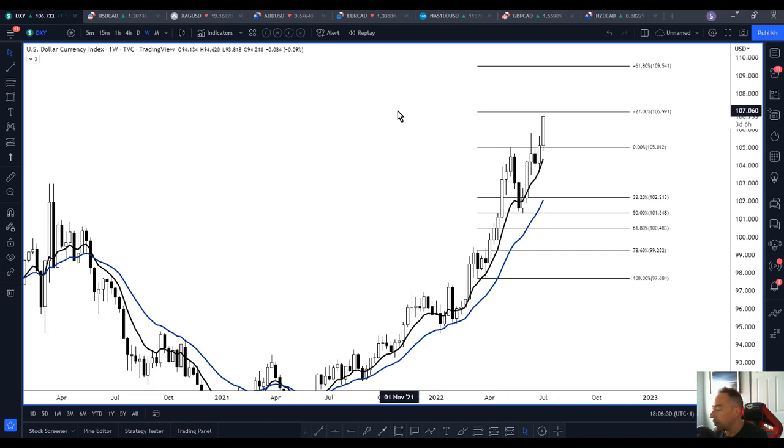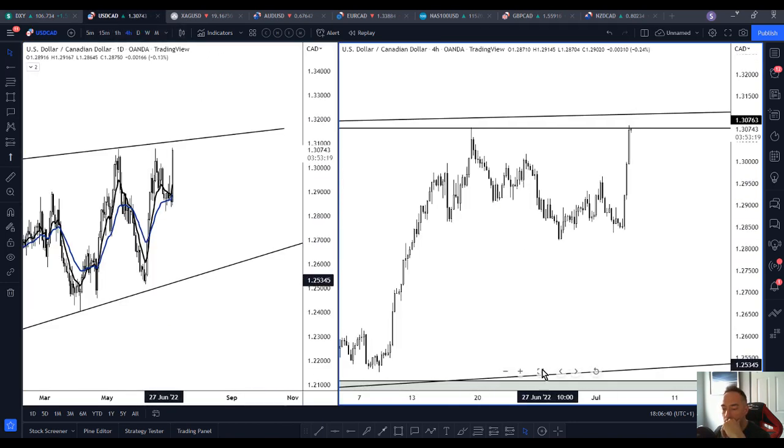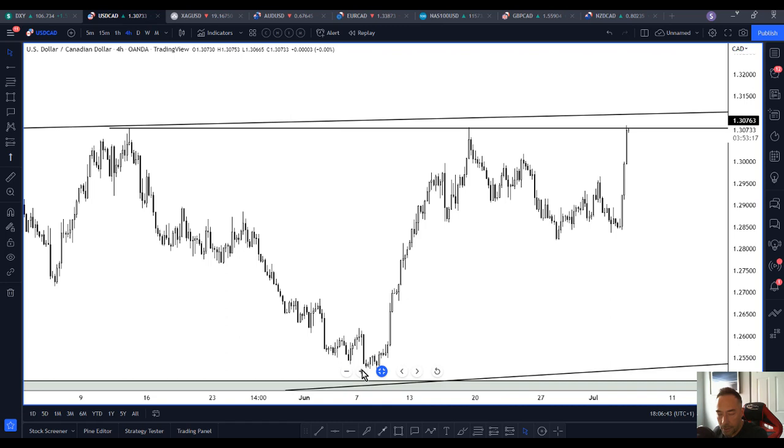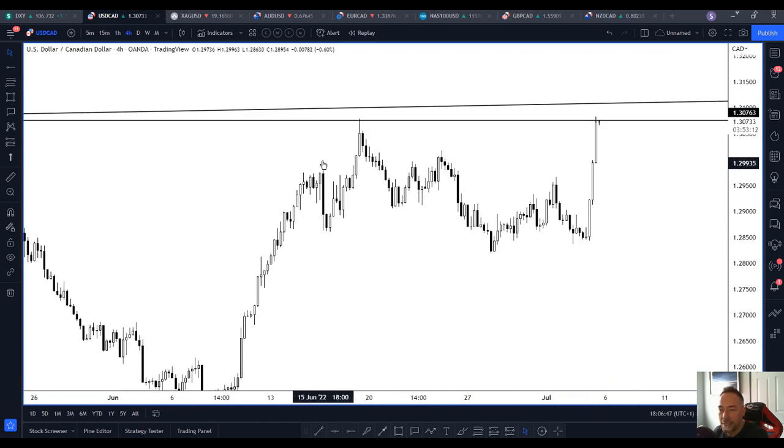Now, the market that we traded today, in fact we put a trade out on it yesterday, was USD CAD. I've actually deleted the info, but we were looking at a head and shoulders: left shoulder, head, right shoulder.